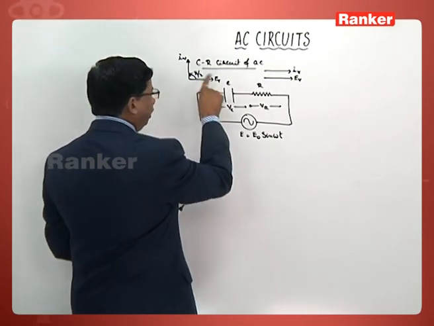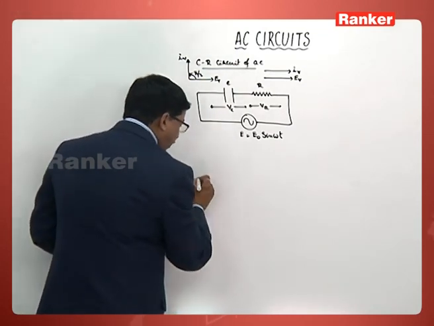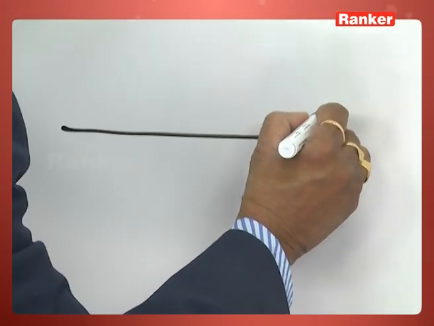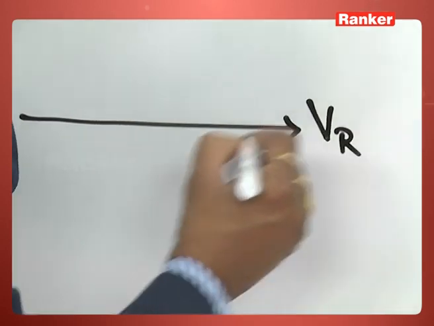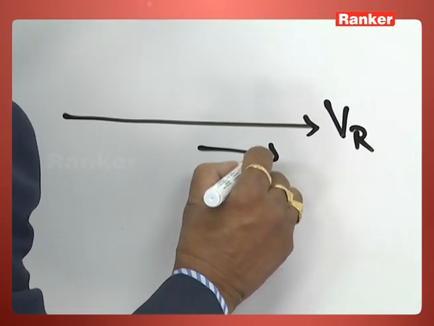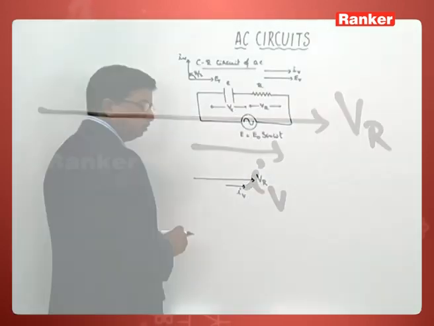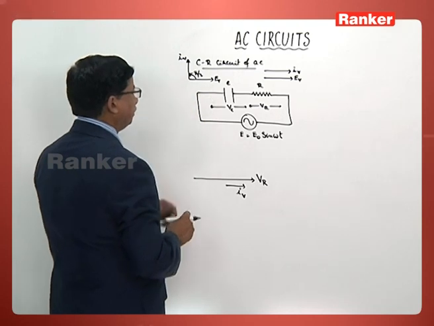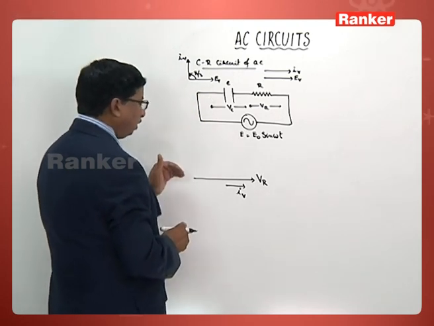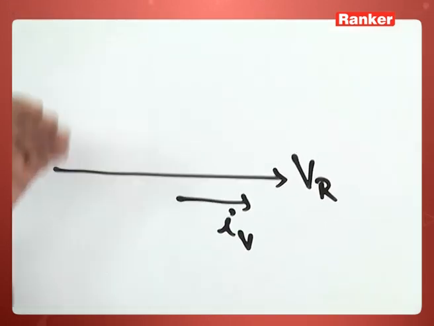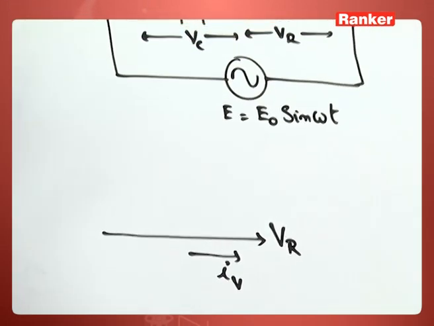But we know according to the directions, when we represent the phasor diagram again, this now becomes VR. That itself is the direction of virtual value of current. Now as far as capacitor is concerned, we know the current is leading the value of EMF.